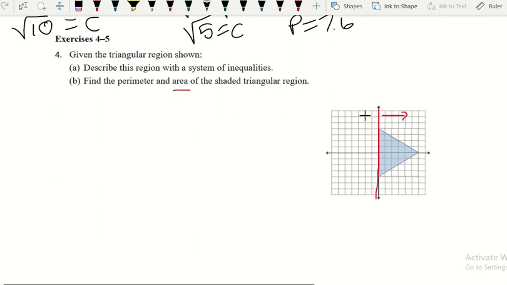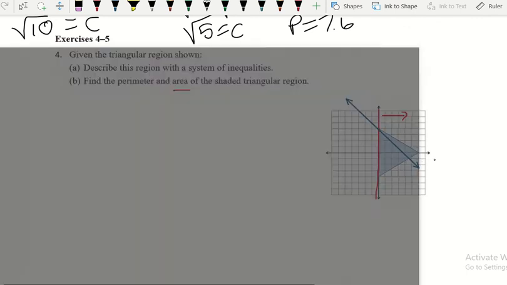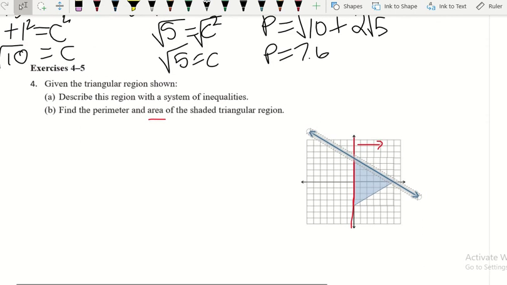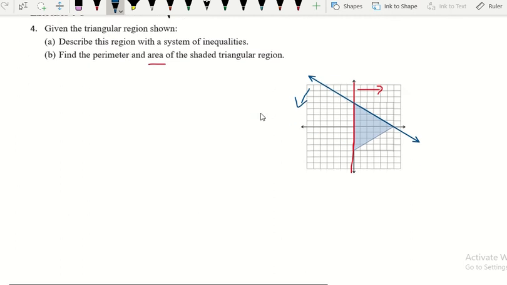So if we keep that pattern going, about there. We'll have our line. And then remember for this line, we would want to essentially shade down from here. So keep that in mind on this one, that this line is going to be shading down.